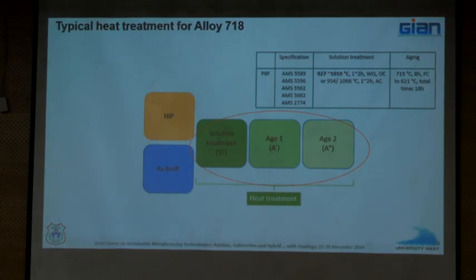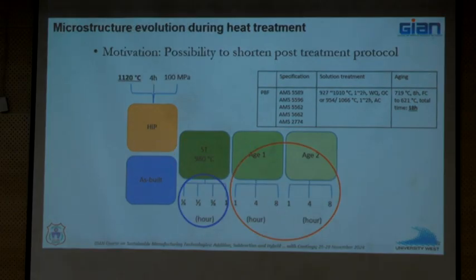Our real objective was to also answer the question, do we really need 18 hours, right? Maybe it's in the standard for a wrought or cast material, but in an AM material, do you need 18 hours? So those were some of the questions we were trying to ask, and therefore, to answer that question, we said let's break this up.